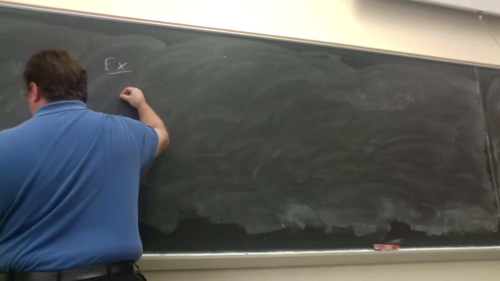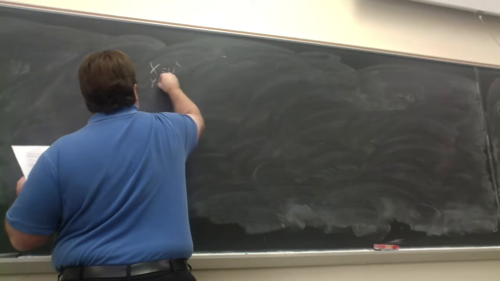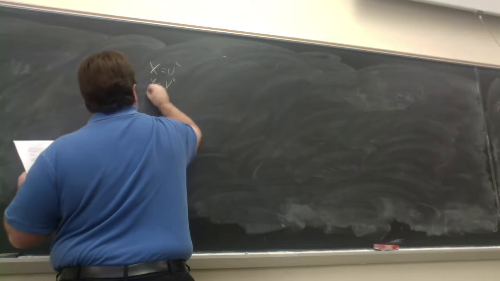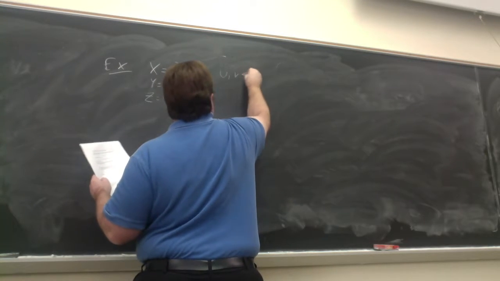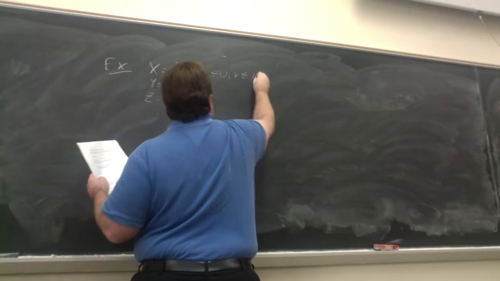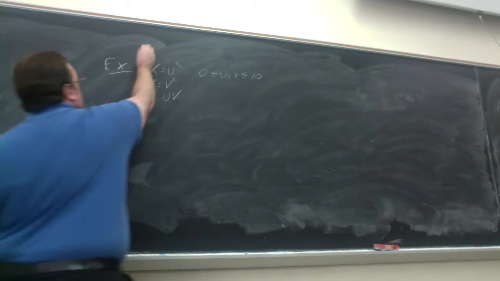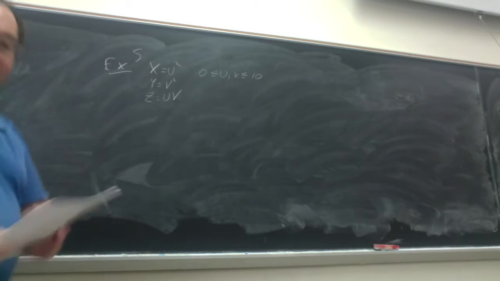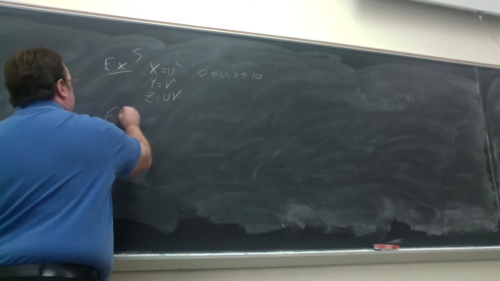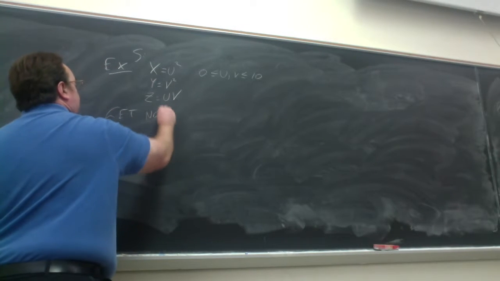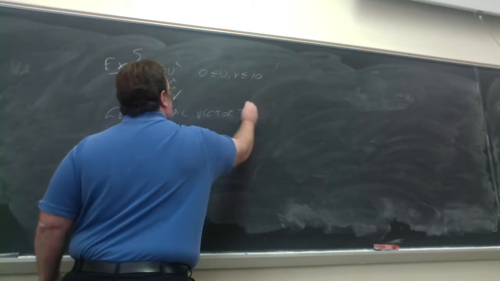So given this surface, x is equal to u squared, y is equal to v squared, z is equal to uv, and u and v are assumed to go between 0 and 10. This is a description of your surface. The problem is to get the normal vector n.